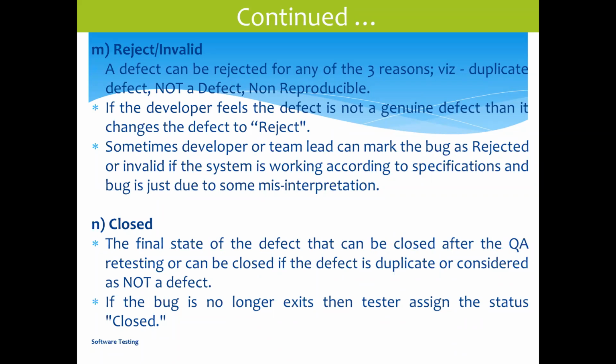It is not a correct bug, it is not a valid bug, it is invalid or a reject. So they can change the status. If they are confident you made the mistake, they can reject it. Immediately they will not accept whatever you give. First they will verify whether it is correct or incorrect.